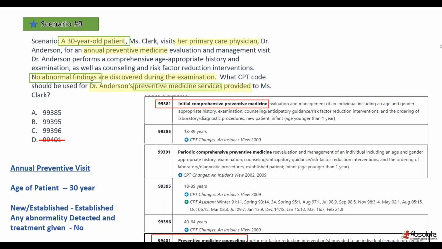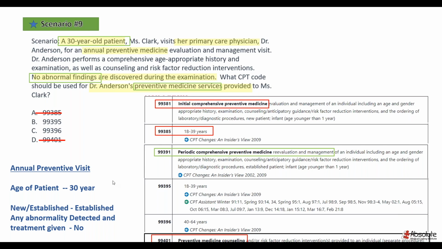Let's look at what option A is coding for. 99385 is for an initial comprehensive preventive medicine visit in the age category of 18 to 39. We already observed that this is an established patient visit and not a new patient visit. So option A is also incorrect. The remaining two options are 99395 and 99396.